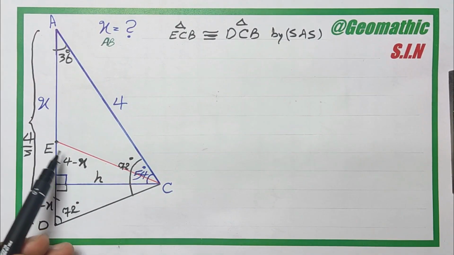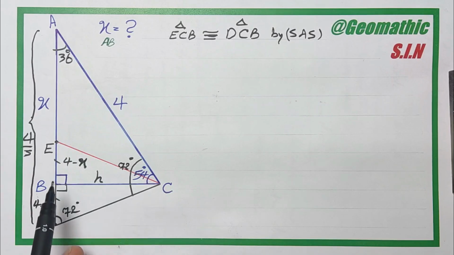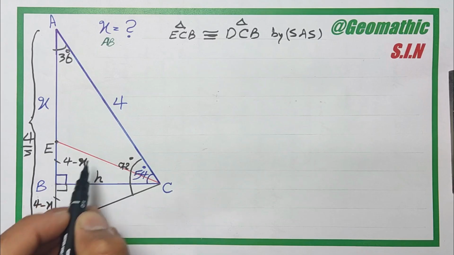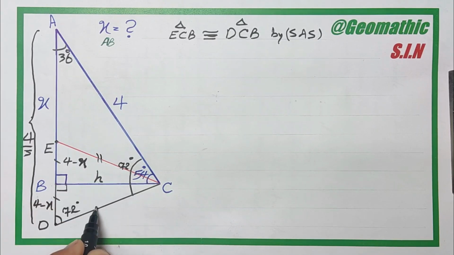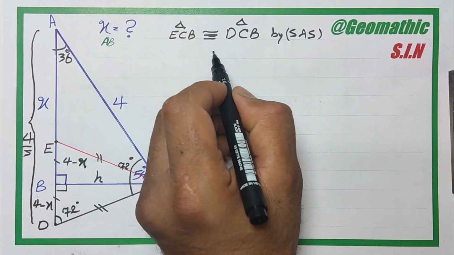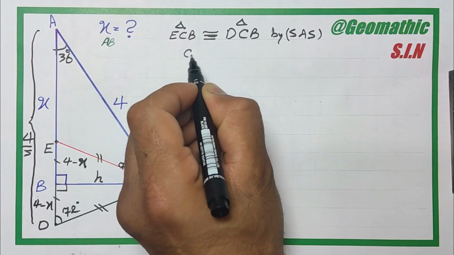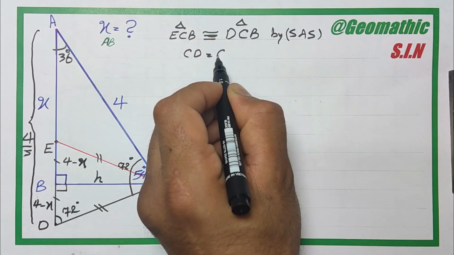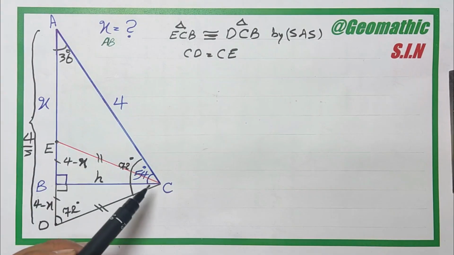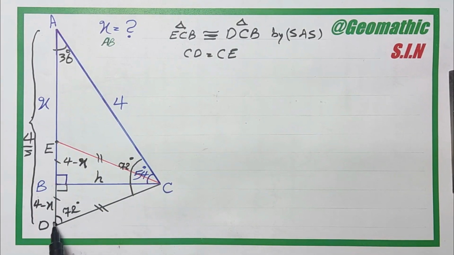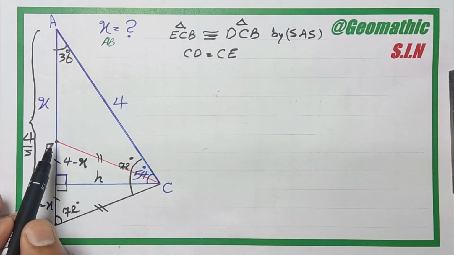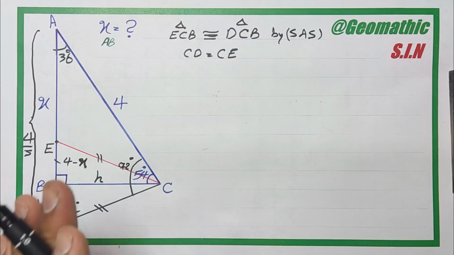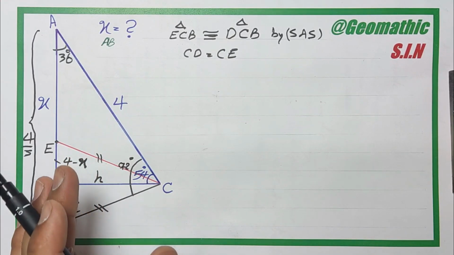And since ECB and DCB are congruent, then CE equals CD. I show them and I write them here: CD equals CE. And if CE equals CD, then the triangle ECD is also an isosceles triangle.